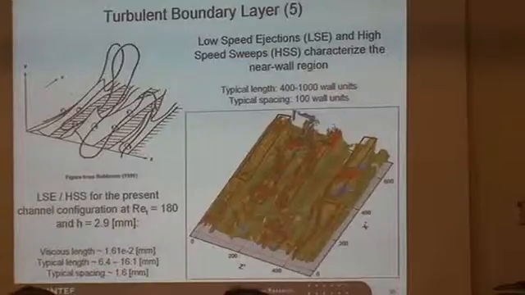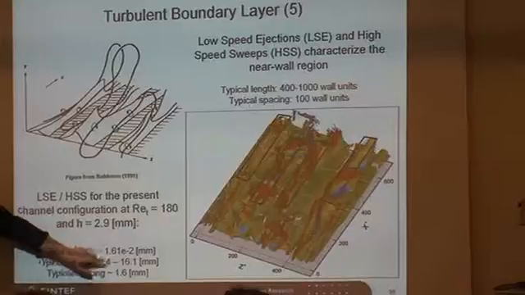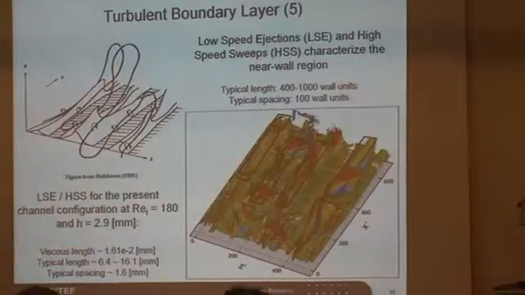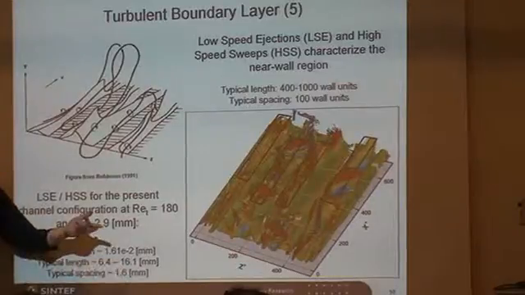Why do I mention this? Because we will see that the heat flux towards the wall, induced by the flame, acts on these scales, and also on some time scales.